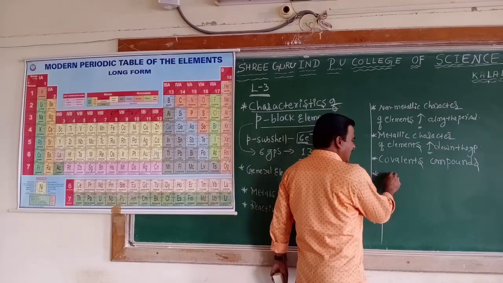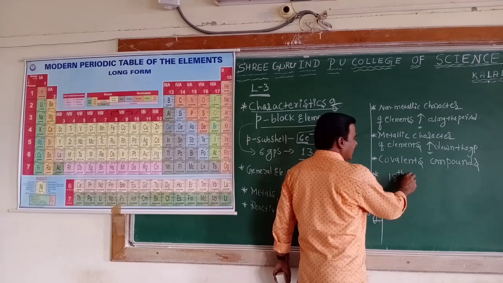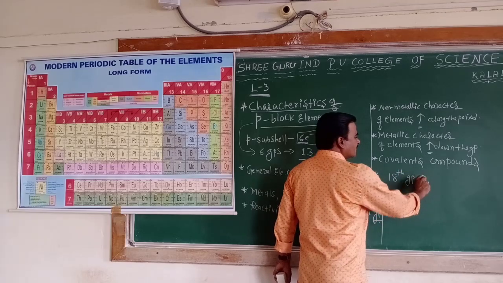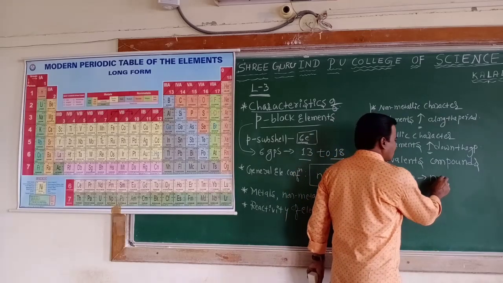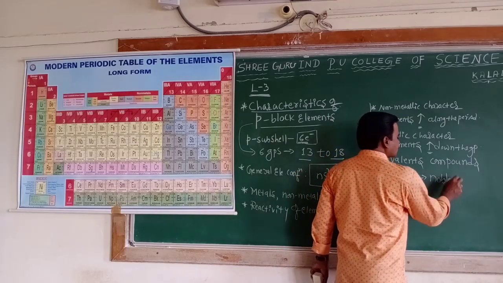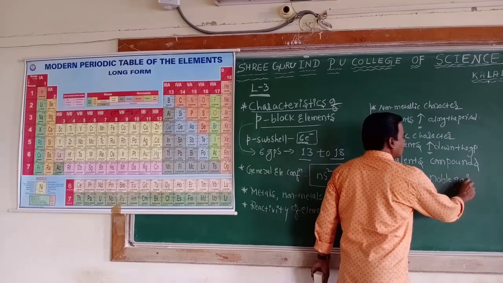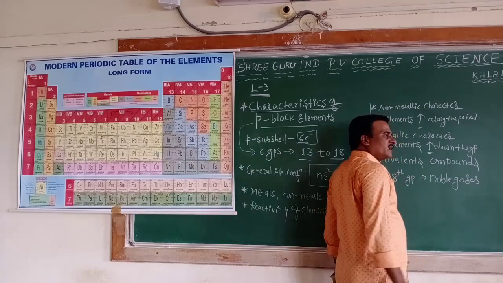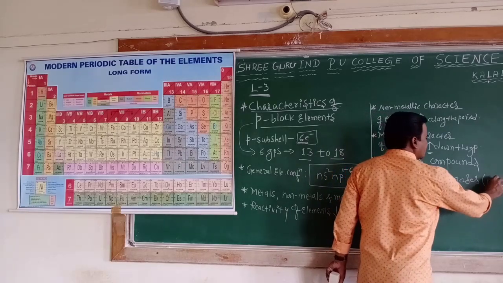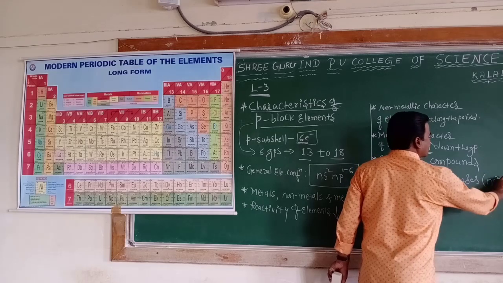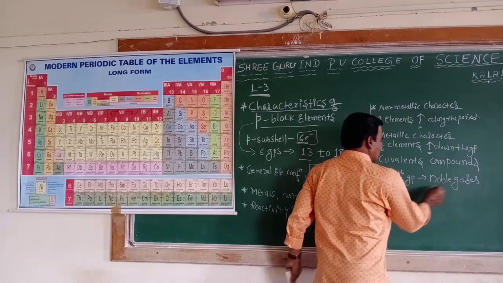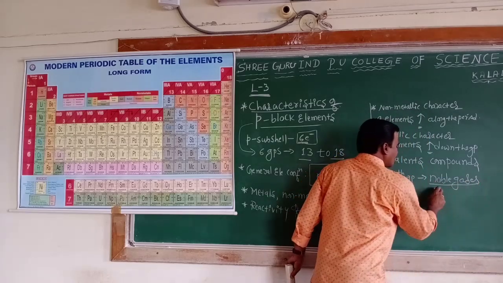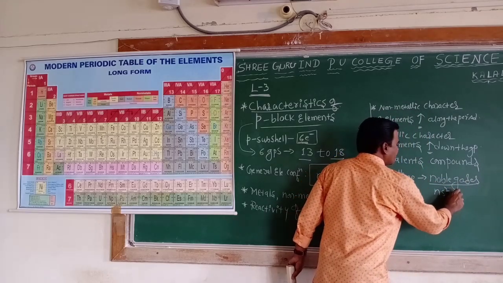If you take the 18th group elements, they are called noble gases, with electronic configuration ns2 np6.